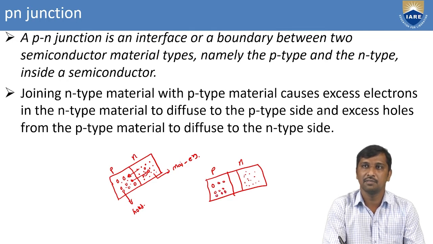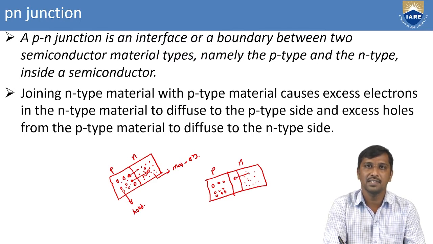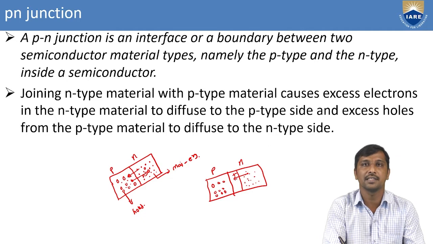We know that the electron is a negative charge particle, and due to its kinetic energy, it diffuses from the n region to the p region. While it is traveling, whenever it loses that energy, it becomes an immobile ion. This negative charge particle becomes immobile, and that becomes the positive ions. That is the reason positive ions are established near the n-side junction.